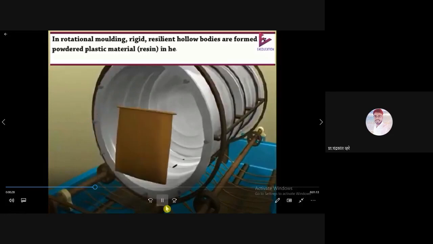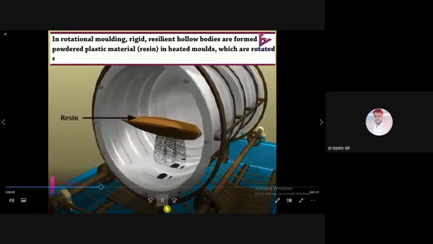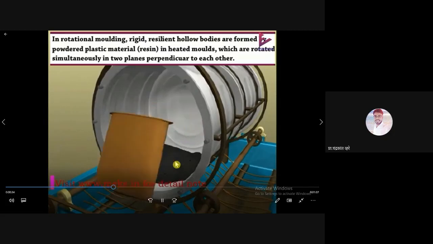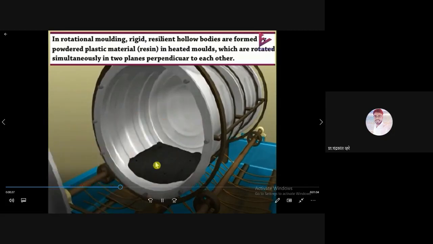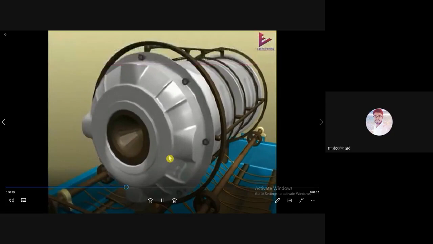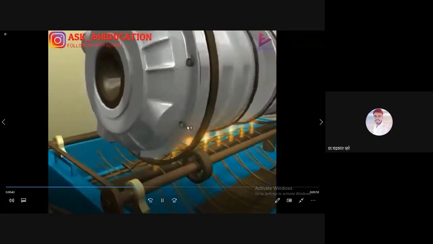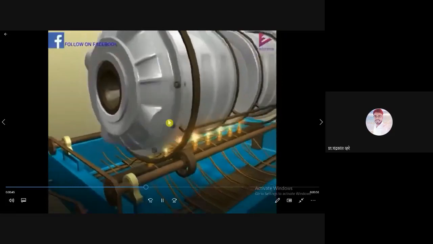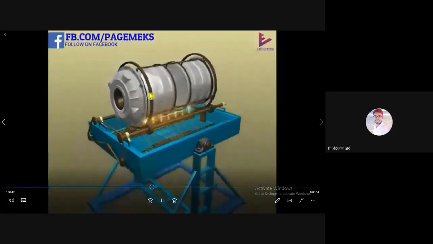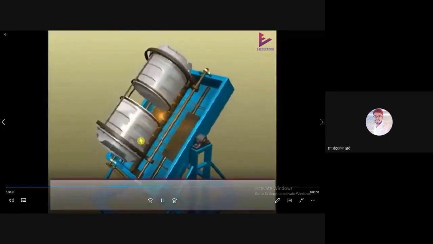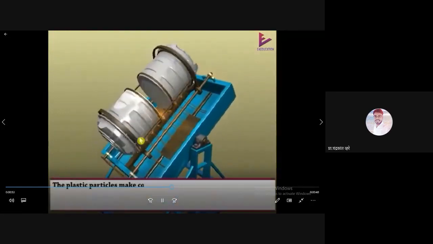In rotational molding, rigid hollow bodies are formed. This is powder. We have fed this powder, and it gets molten due to the heating. The molten powder touches the surface and takes the shape of the surface, and the cylindrical body is formed.